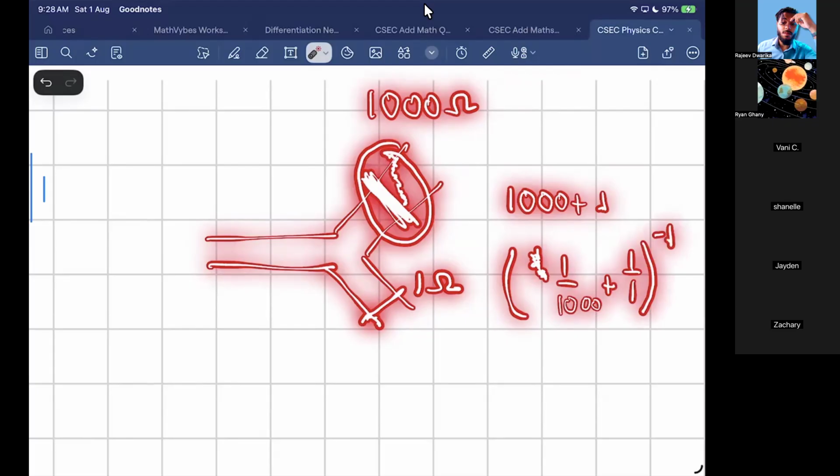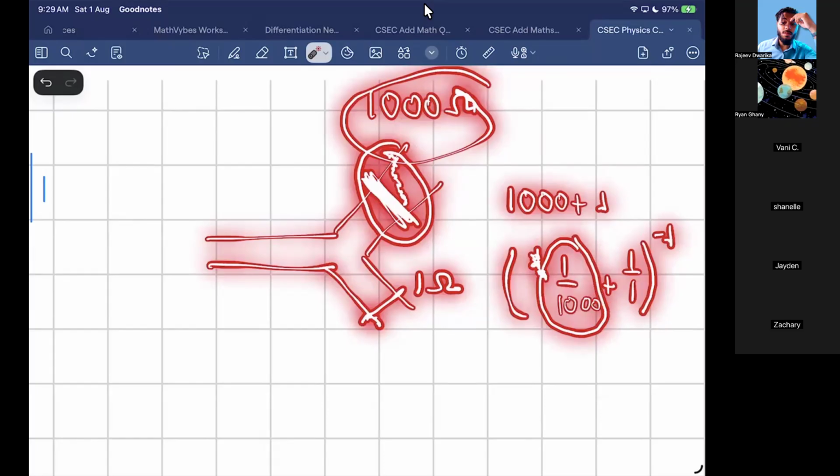Let me ask that question. Chanel, the bigger the resistor, is that going to allow more current or less current to flow? More current. I'll say it again. The bigger the resistor. Oh, the less. Less current. So, since the relationship is inversely proportional, I write it as 1 over 1000.